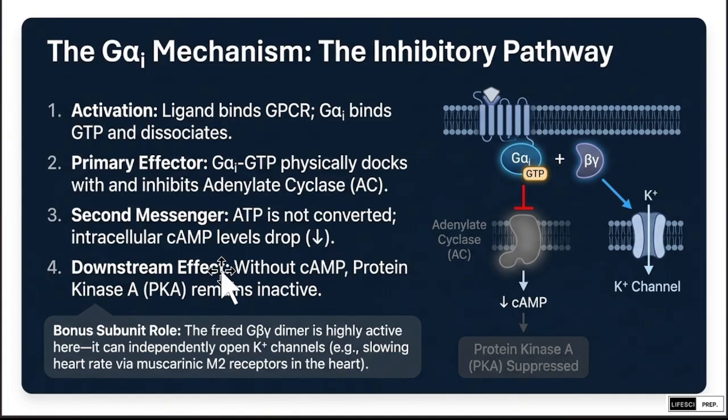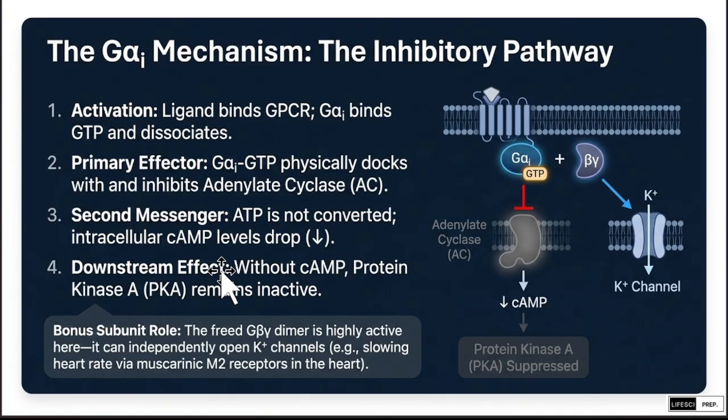Then the G alpha I mechanism. In the G alpha I mechanism, it is basically the same as before, but in this case, the ligand activates the G alpha I. G alpha I blocks or inhibits the activated adenyl cyclase.